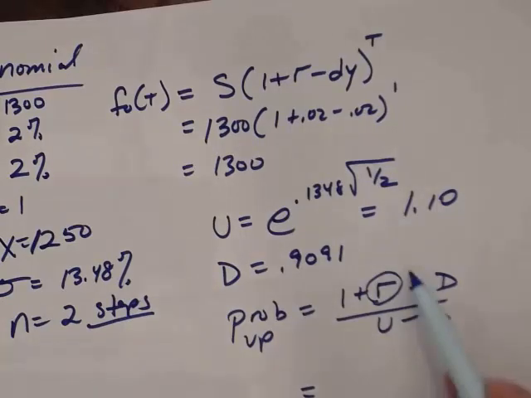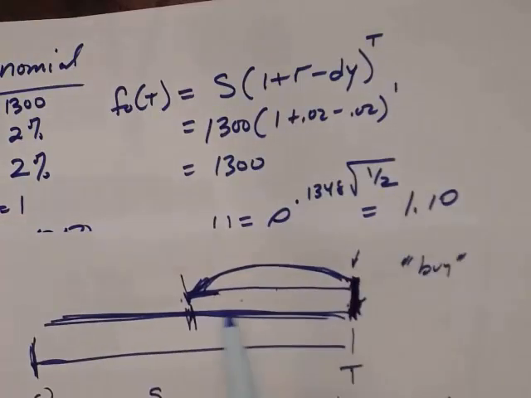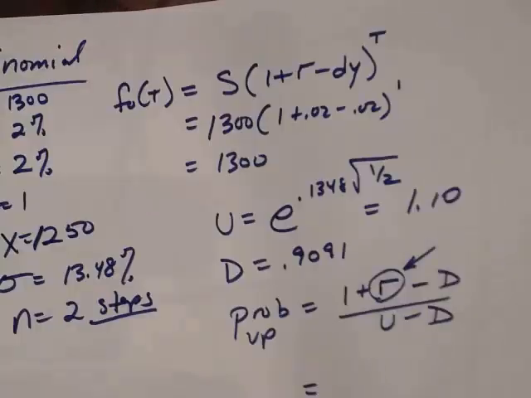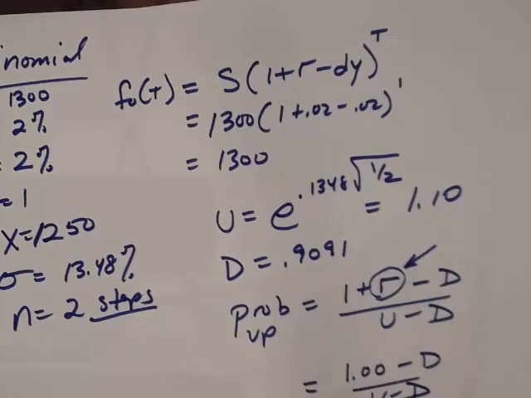Now that opportunity cost is gone for the up movement, because you're entering into a futures contract that doesn't require any cash outlay. So remember the story I had here with the timing. You don't require cash flow at the time. So really what the formula boils down to is (1.00 minus D) over (U minus D).